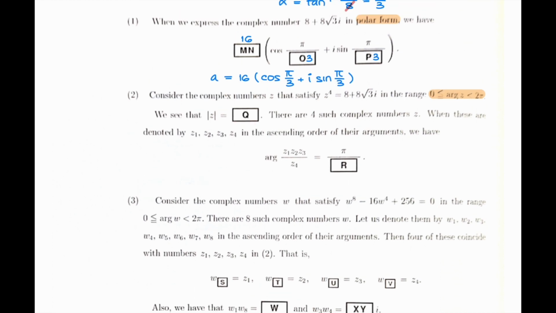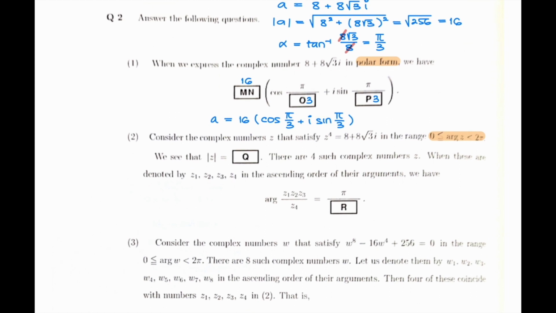So I need to find the modulus of z. I already know that 8 plus 8 square root of 3i has modulus equal to 16 and argument equal to pi over 3. And I already expressed A in polar form.